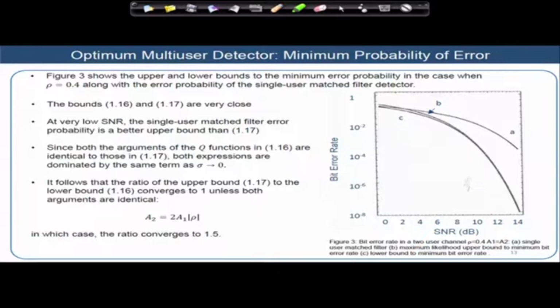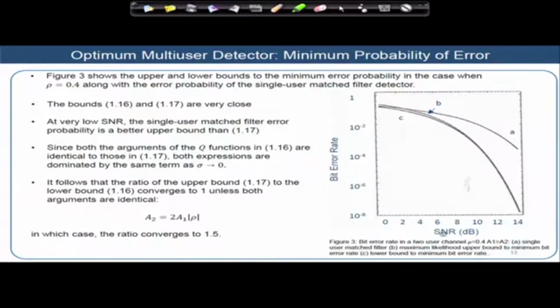At a very low SNR, we can see that the single user matched filter error is the minimum. It is better to use a single user matched filter in the low SNR zone. Its performance is far better compared to the other two. Both the arguments of the Q function that we have found in equations 1.16 and 1.17 are dominated by the same term as sigma tends to 0.